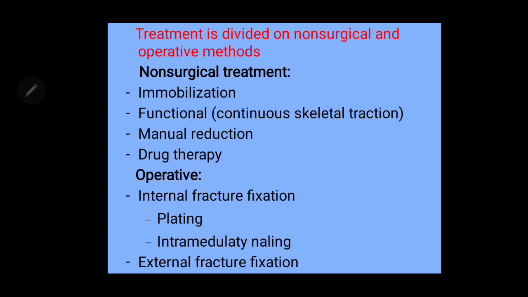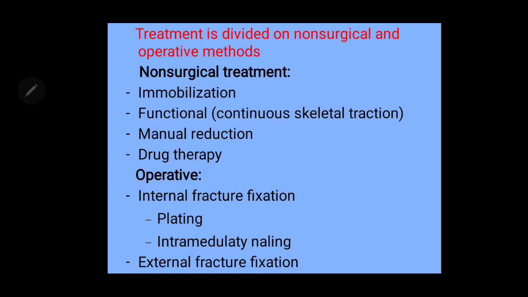We can use also manual reduction, which is used for displaced fractures that we can reduce and fix with a bandage. And also, you see in the last place, we put so-called drug therapy. So this is various analgesics, non-steroid anti-inflammatory drugs, antibiotics if surgery is done, calcium, vitamin D, and so on.